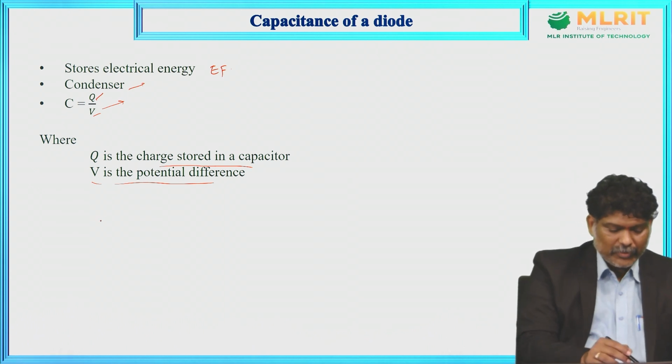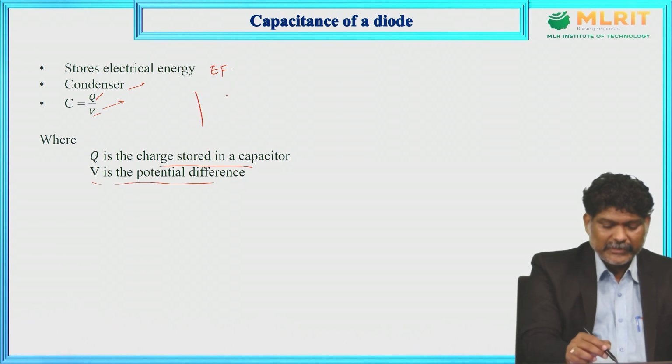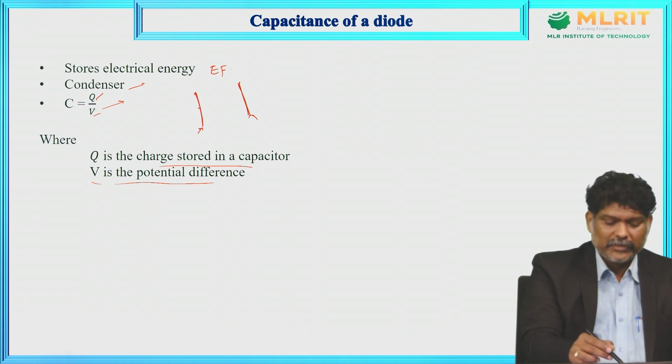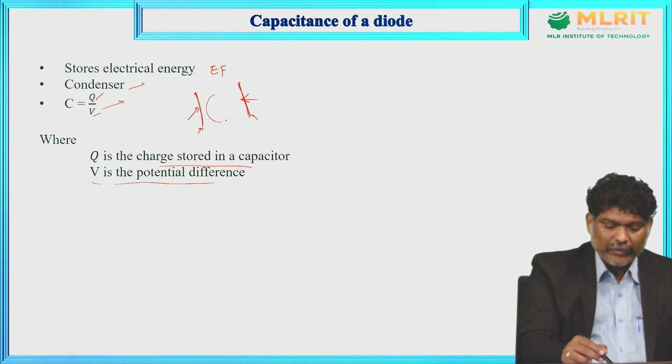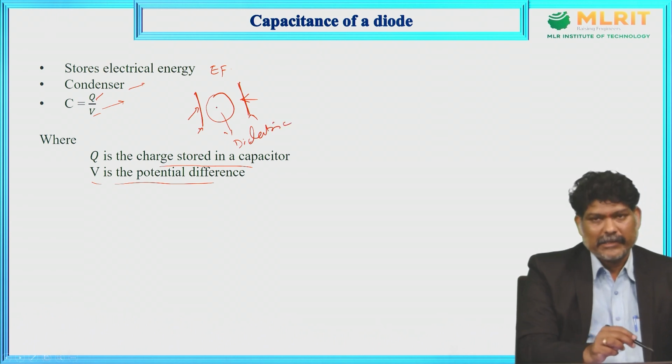So, for example, this is a parallel plate capacitor. This is one conducting material and this is another conducting material. The conducting materials allow the flow of electrons, and current will flow through them, whereas in between these two plates there is a material called a dielectric material, which opposes the electric current through it.